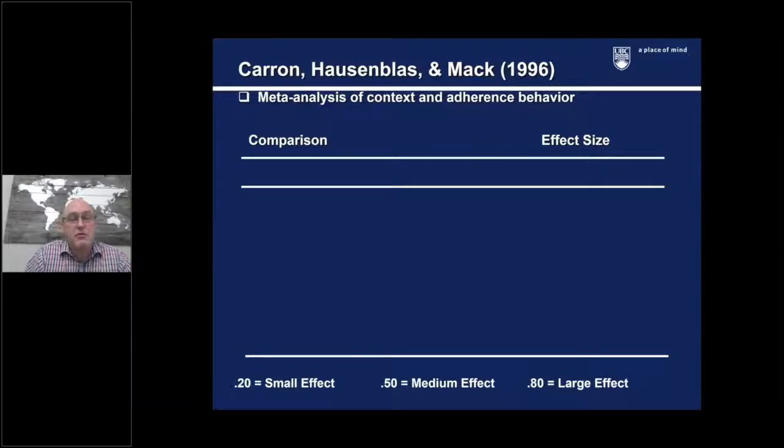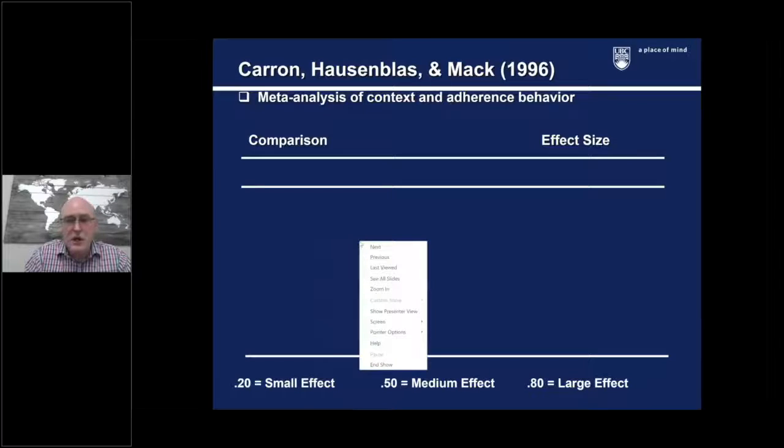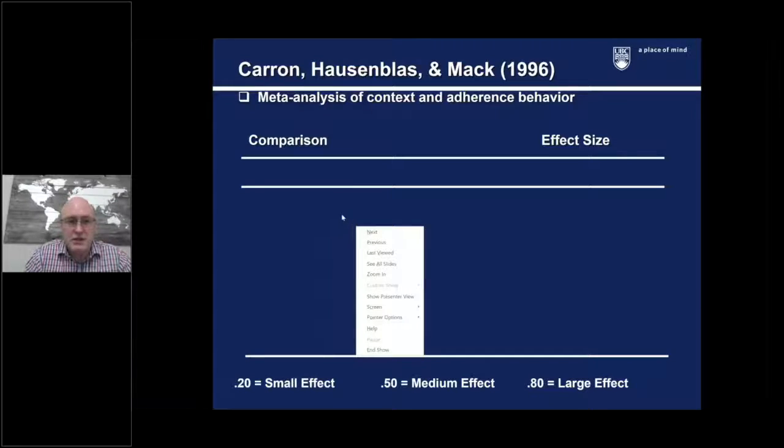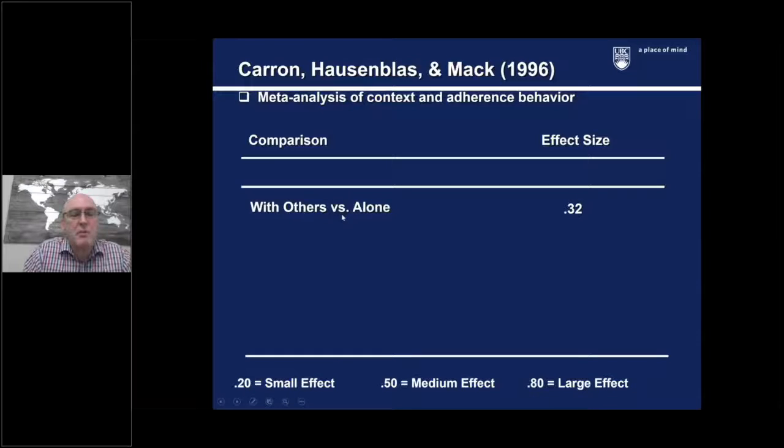So this is a really prominent meta-analysis that was conducted in the mid-90s by Bert Karen and his colleagues at the University of Western Ontario. And so what they found was this. In terms of comparison with those exercising with others versus alone, those who exercised with others tended to stick with it to a greater extent than when people did these exercise classes or programs on their own.